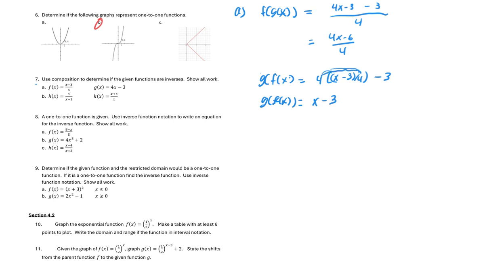Sorry, that's just a single distribution. Minus 3. When we simplify that, it will be x minus 6. g of f of x does not equal f of g of x. So they are not inverses of each other.